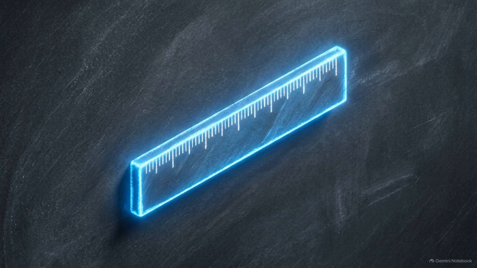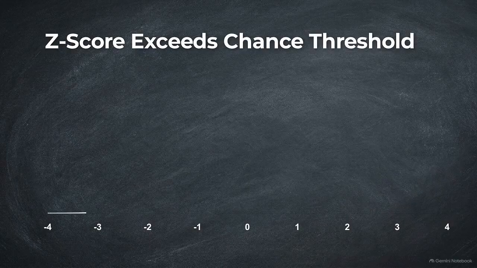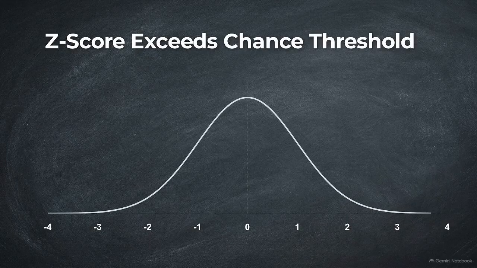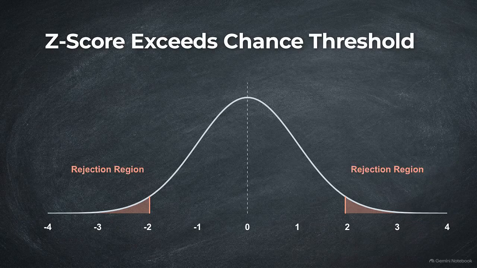But a z-score of 2.26 doesn't mean anything unless we have a universal ruler to measure it against. This standard normal distribution measures random chance, centered at 0. Setting a 5% alpha level creates rejection regions on the extreme margins. If a score lands here, it's not just luck. Our z-score of 2.26 lands firmly inside that upper rejection region.